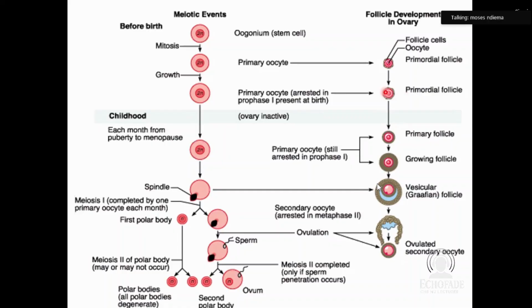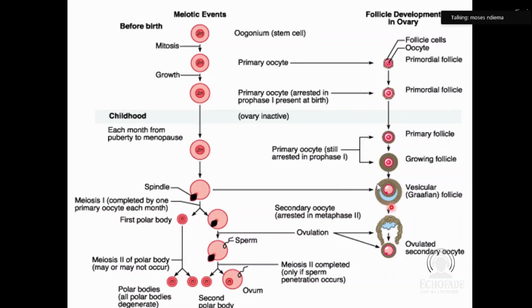Under the influence of follicle stimulating hormone at puberty, those flattened cells become the granulosa cells, forming the primary follicle, the secondary follicle, solid secondary follicle, and then vesicular type of secondary follicle, where we now have the androgen developing. And then finally, we have the mature follicle, the Graafian follicle.